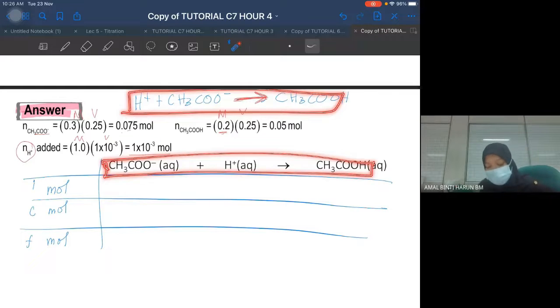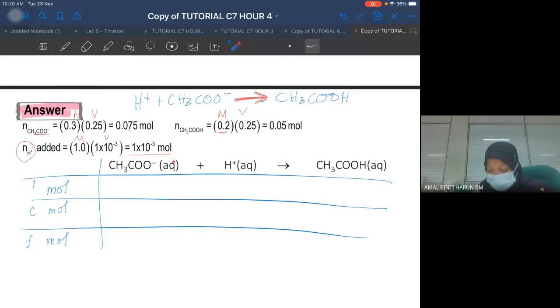Okay. So the initial mole of the... sekejap, kenapa kita buat ICF table kita dalam unit mole? Okay, sebab kita punya volume ni dah bertambah. Asal tadi ada weak acid, ada salt, okay, di dalam 250 ml.